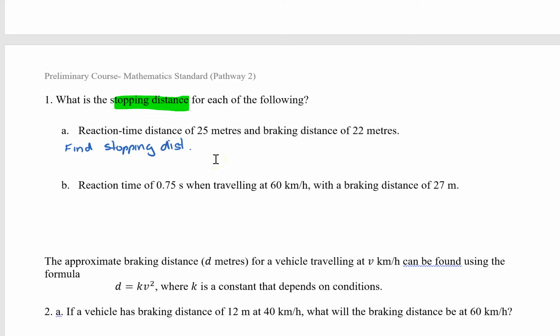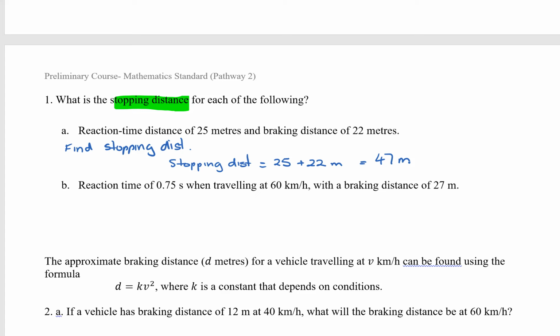So as you can see, the stopping distance requires nothing more than adding two numbers together. The car actually travelled 25 metres before the person was able to put their foot on the brake. And then when they put their foot on the brake, the car still went another 22 metres. So all up, 47 metres.